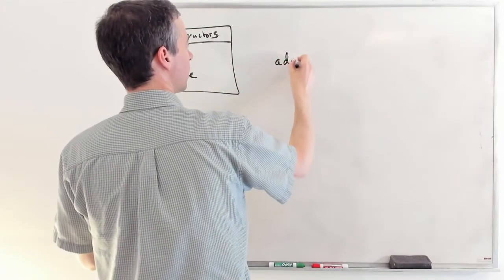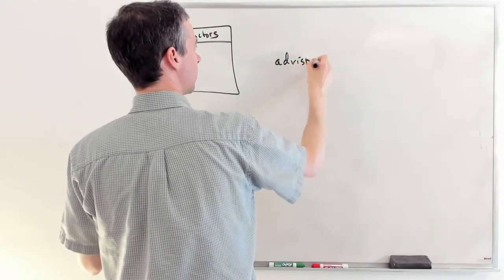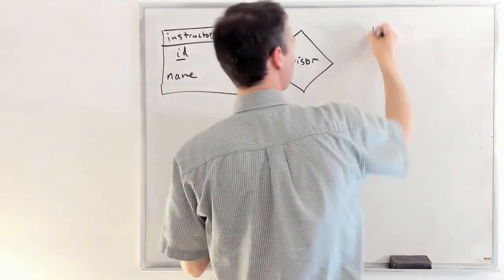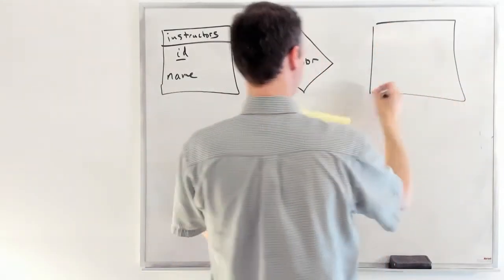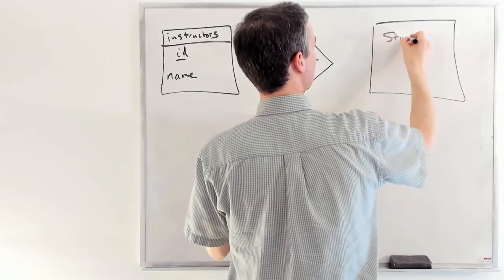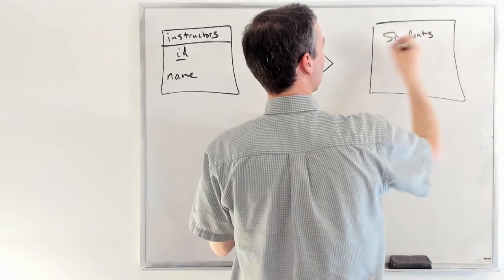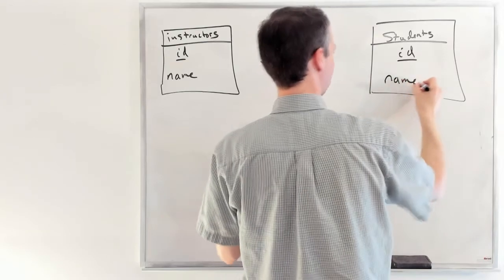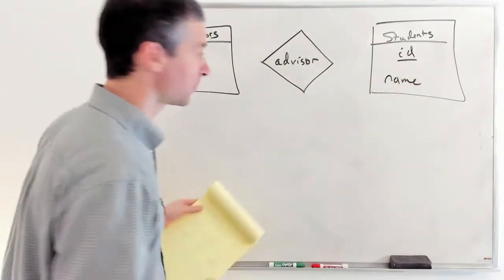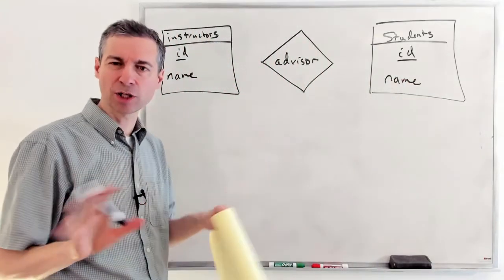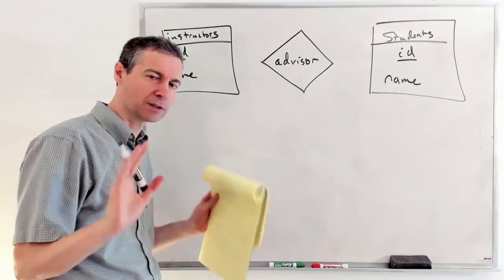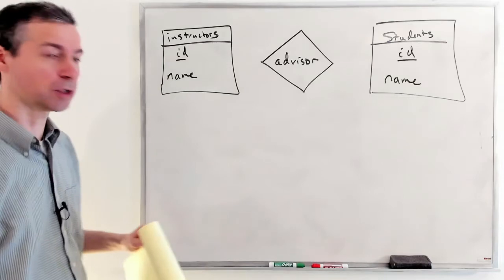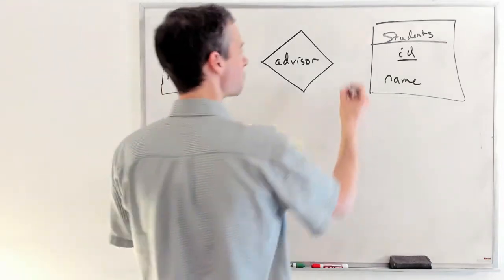They are connected to students via the advisor relationship. Our students also get to have an ID and a name. Now, this version of the example, again, we change it up each time almost. So notice that often this example gets mutated for whatever illustrative purposes we have.